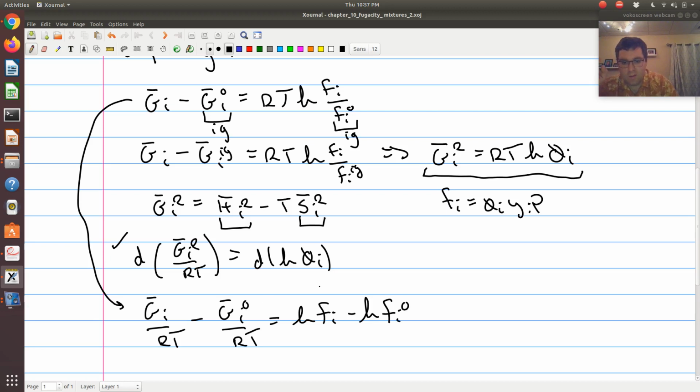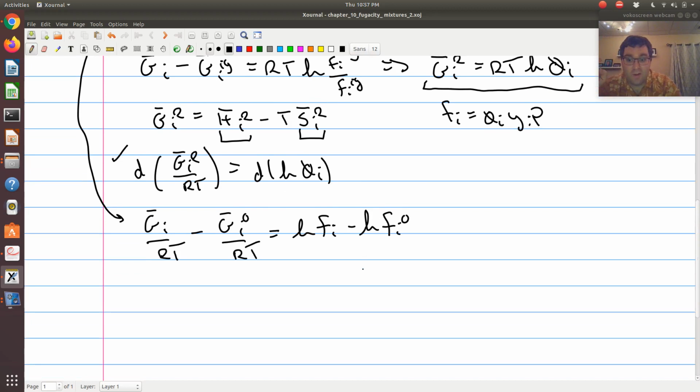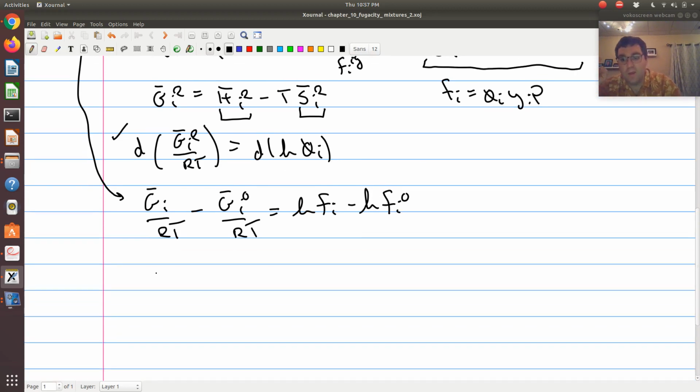These both just correspond to standard state values. So if I were to compute the differential of the two sides, then I would have the differential of G bar i over RT is equal to the differential of log F. Okay, so this is for an isothermal process.